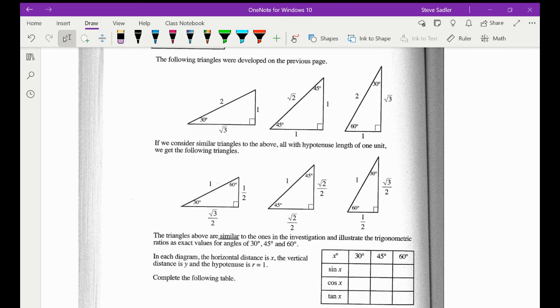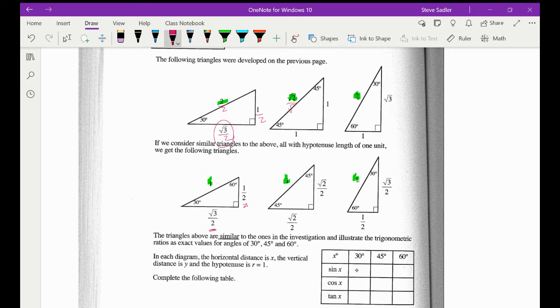And you can see here they've got them all drawn here. So what they've done is they've reduced all of the radiuses to a value of 1. So how they would do that is, well, to get 2 to 1, we would divide by 2, and all of these have to divide by 2. And you can see that that becomes root 3 over 2 and 1 over 2.